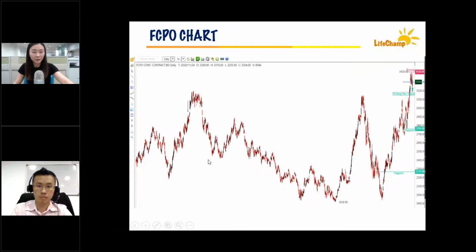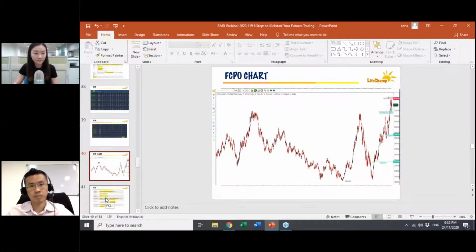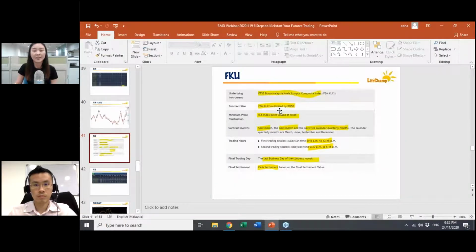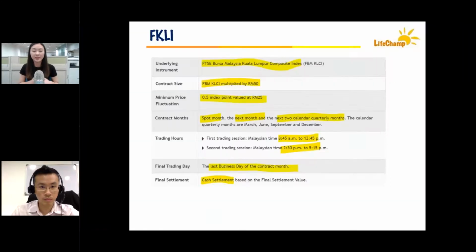And then we look at the next one, FKLI. This one is related to the KLCI index. It tracks the top 30 stocks of the KLCI on Bursa Malaysia. So the underlying is very clear: the FTSE Bursa Malaysia Kuala Lumpur Composite Index. The contract size is the KLCI index multiplied by RM50, and the minimum price fluctuation is 0.5.